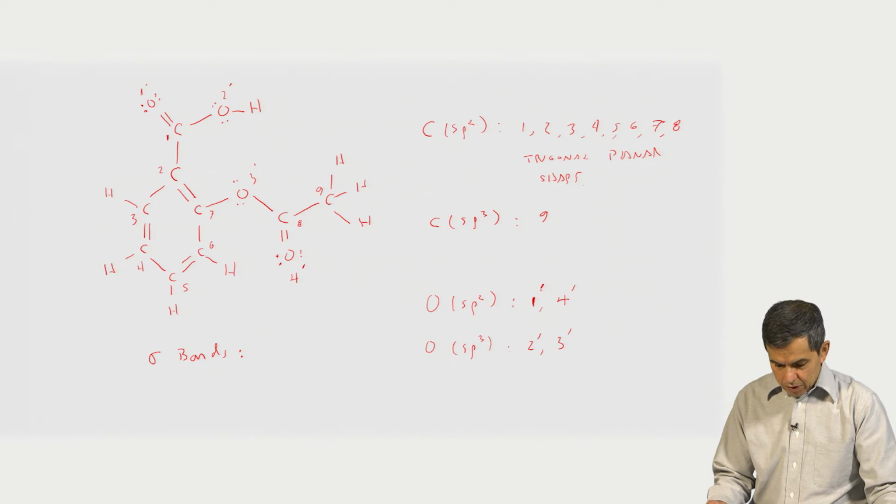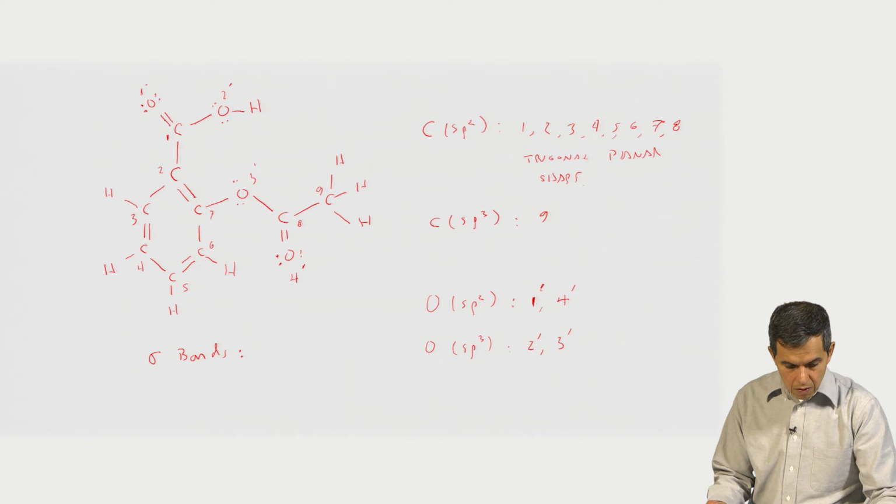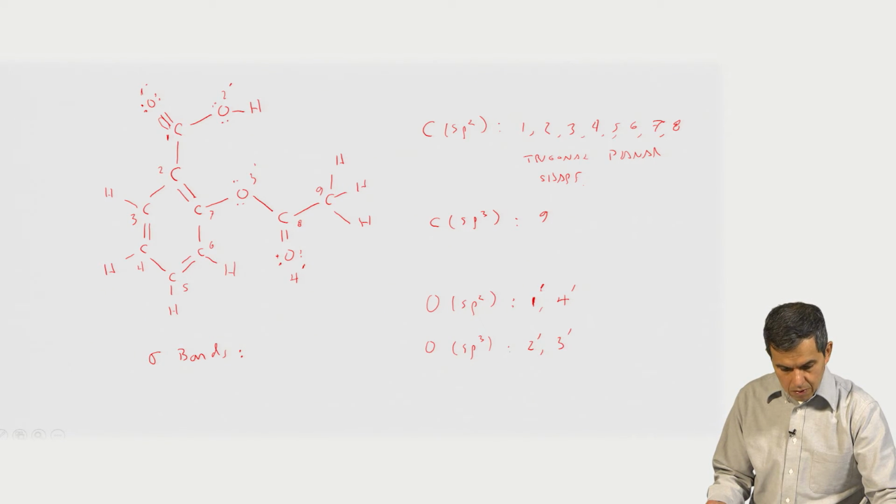For sigma bonds, we're going to have 1, 2, 3, 4, 5, 6, 7, 8, 9, 10, 11, 12, 13, 14, 15, 16, 17, 18, 19, 20, 21 sigma bonds.